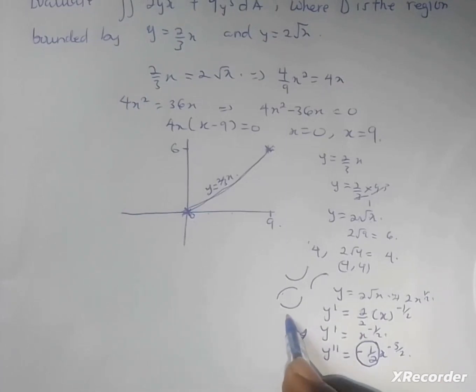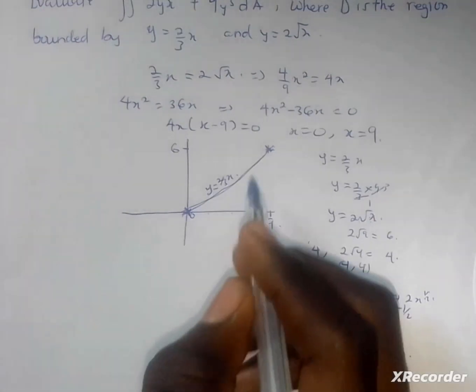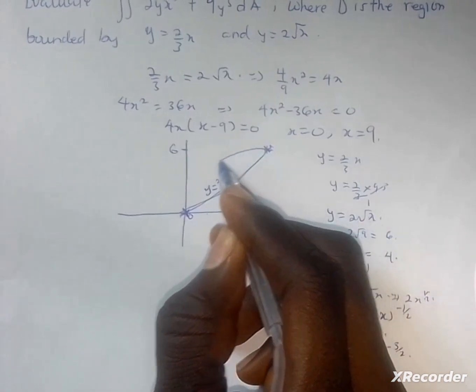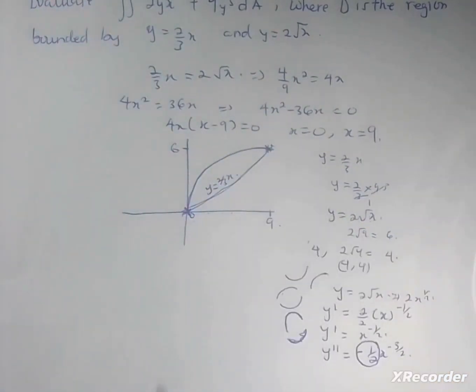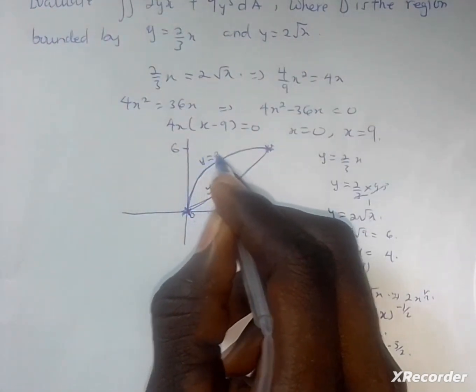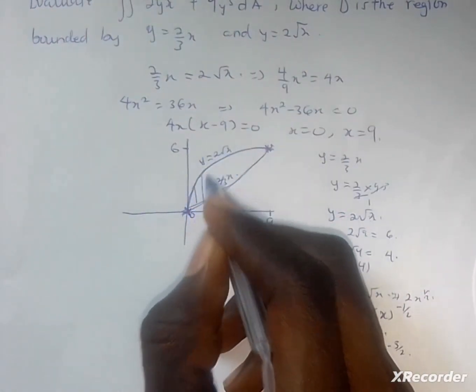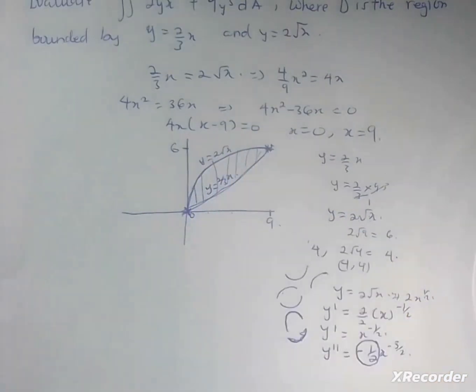It is going to be this way. So you can refer from your maximum and your minimum from calculus 2. So therefore our graph is going to look like this way, like this. Hence I'll have my y is equal to 2 root x here. Then the region with which I'm going to find my intervals is this.